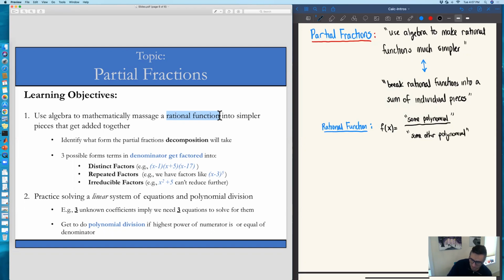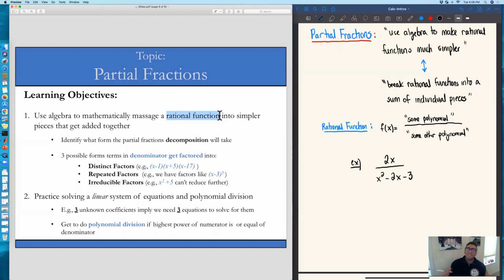So chances are you've been seeing lots of rational functions before. Maybe you just didn't know they're rational functions. So for example, we could say something like 2x all over x squared minus 2x minus 3. That is a polynomial, 2x sitting over another polynomial, which happens to be a quadratic in the denominator and just a linear function in the numerator. So those are what rational functions are.